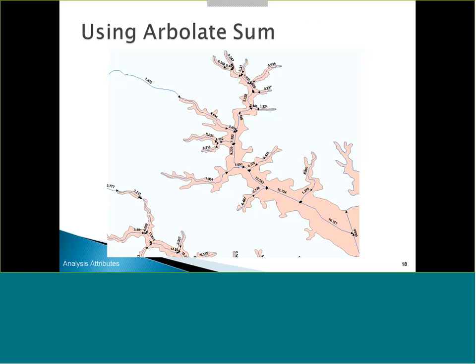Here's another picture, and this is just the opposite of path length. The little numbers are at the top and the big numbers are at the bottom. You can see at the mouth of the Potomac, or whatever this is, it isn't the Potomac anymore, I don't think, it's 16 kilometers of total stream flowing to that point.